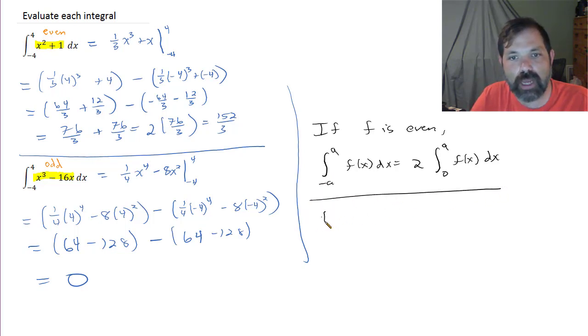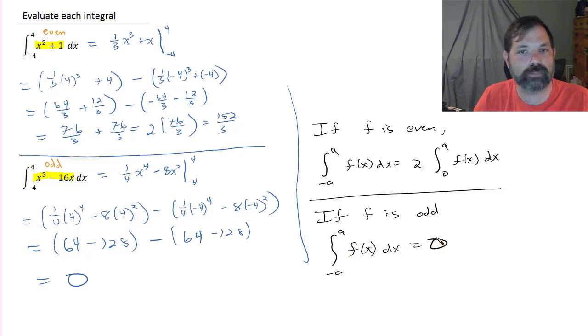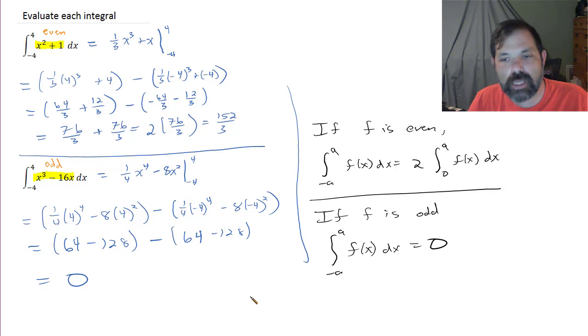And if f is odd, the integral from negative a to a of f of x dx is exactly 0. So that's a nice property to be aware of. If you notice an even function or an odd function, it might be able to help you evaluate the integral a little bit. But you don't have to rely on this property. You can always evaluate it using the other techniques.